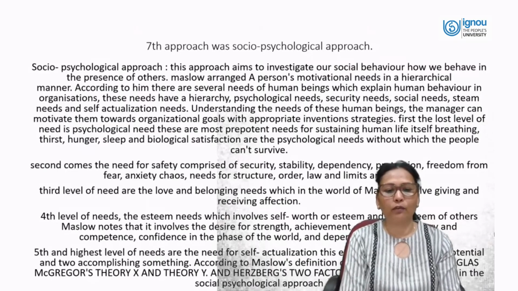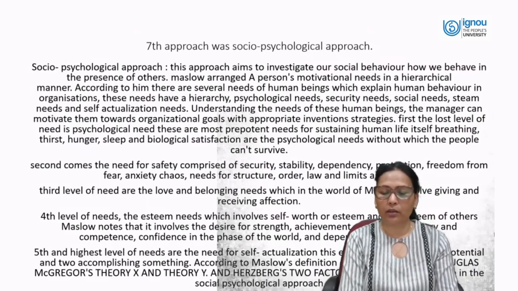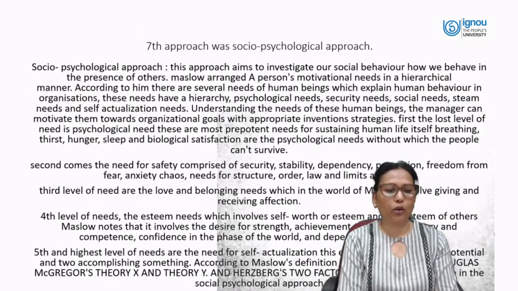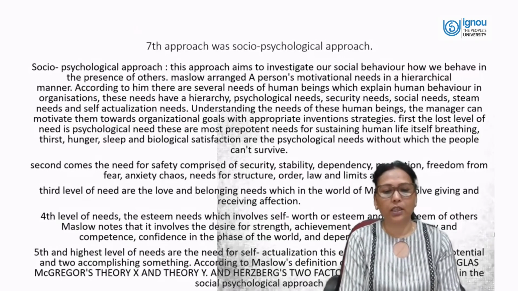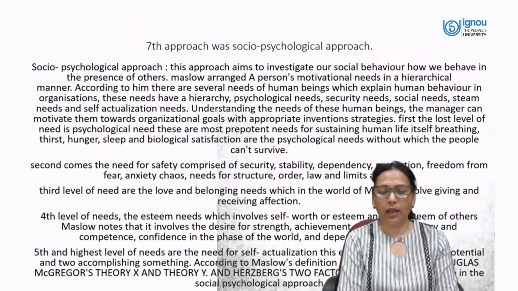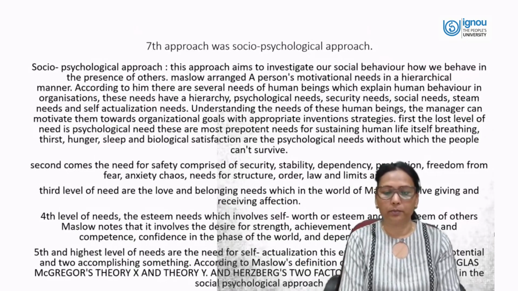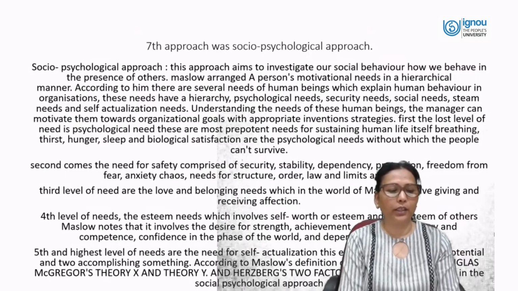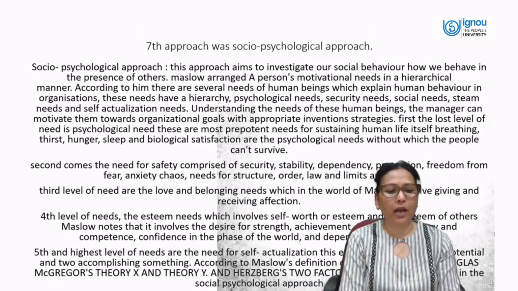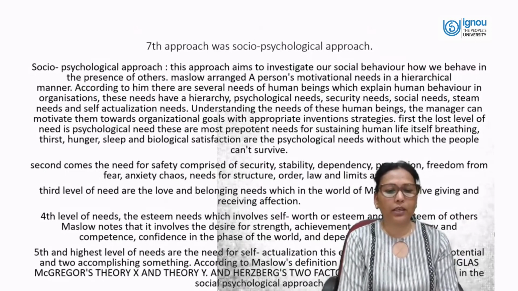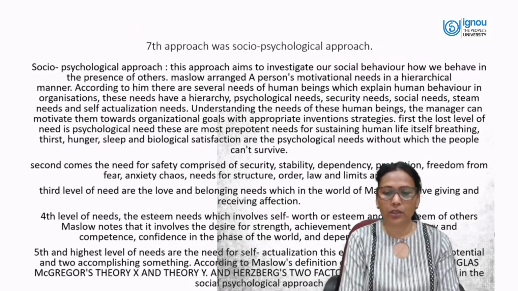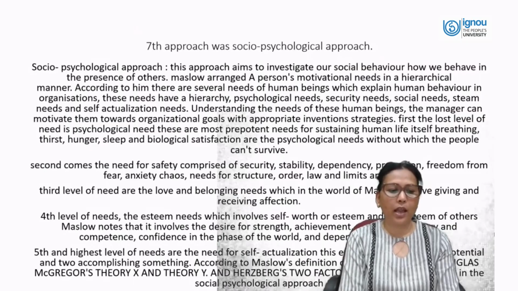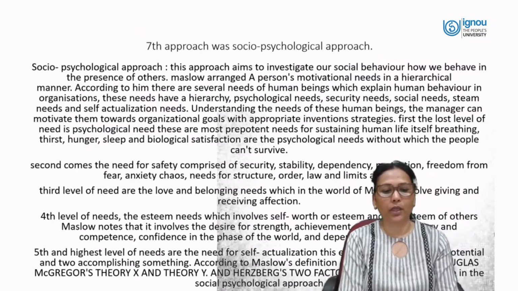Maslow notes that it involves the desire for strength, achievement, adequate mastery, and competence, confidence in the face of the world, and independence and freedom. The fifth and highest level of need is the need for self-actualization. This entails maximizing one's potential and accomplishing something.